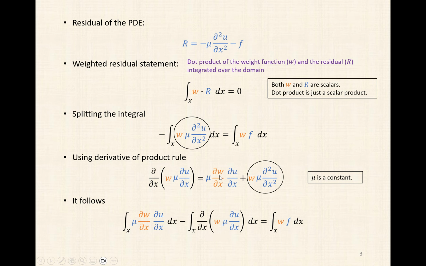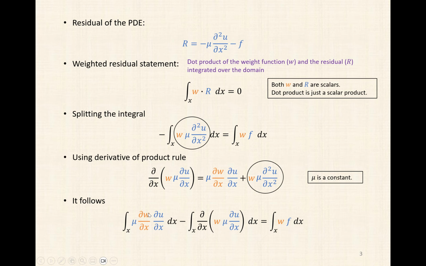This comes to the right hand side and becomes minus, and we already have minus here, so minus plus minus, this integral, and then minus of this integrated over the domain. On the right hand side we have the integral of w f dx.